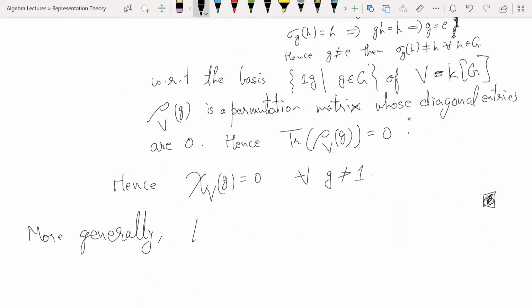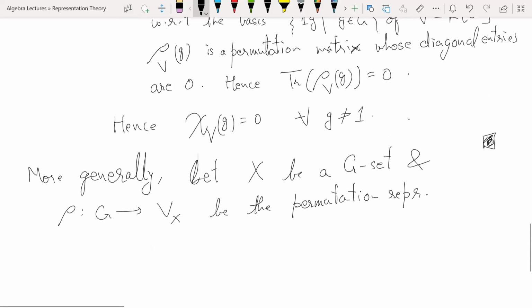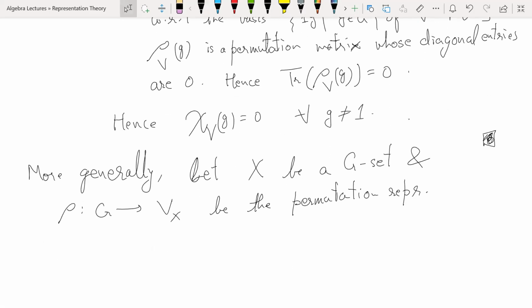Let X be a G-set and rho from G to V_X be the permutation representation. G-set means there is an action of G on X, and then the corresponding permutation representation, we know what it is.